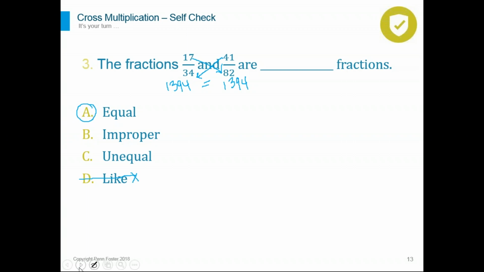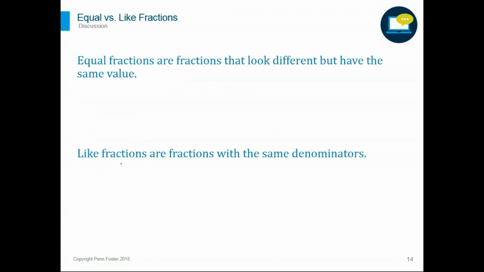Okay, let's move on to another topic, which is equal and like fractions. And that's why I just eliminated choice D on the previous question, because I wanted to go over the concept before you're able to apply that. So equal fractions are the ones that we have been going through since the beginning of the webinar. Examples like 1 over 3 and 5 over 15.